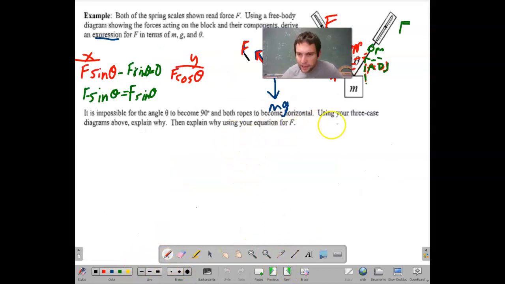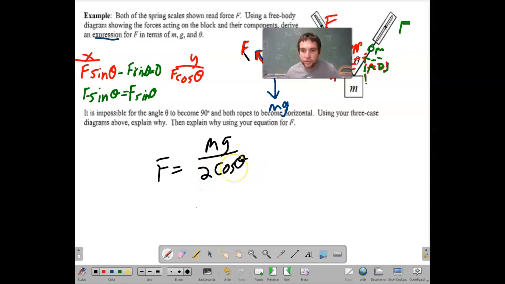Coming back over here, it says explain why using your equation for F. We said F equals mg over 2 times cosine theta. Well, what's cosine of 90? 0. Are you allowed to divide by 0? No. And this is the crazy, magical thing that physicists get excited about. We now have math to explain what's happening in the real world.